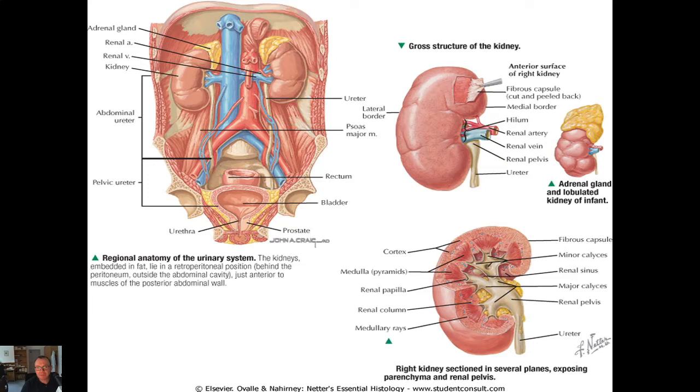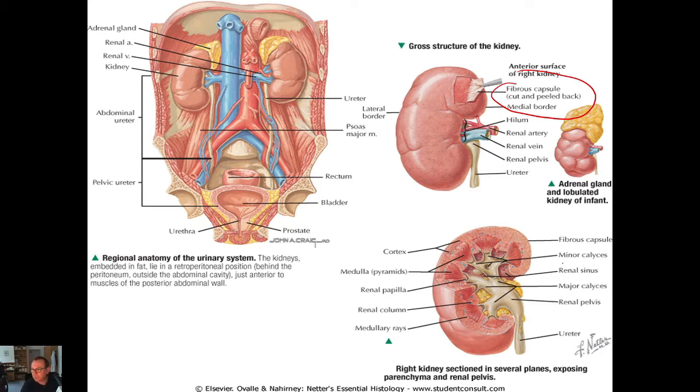The first layer which you can usually find on the slide is a fibrous capsule. Fibrous capsule, which you can see for example here, is the first layer you'll find on the slide. Macroscopically, the kidney is composed of several parts. You will see a cortex, a medulla, and a renal sinus.